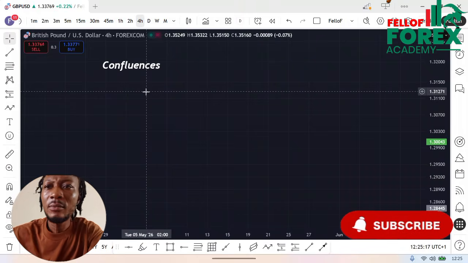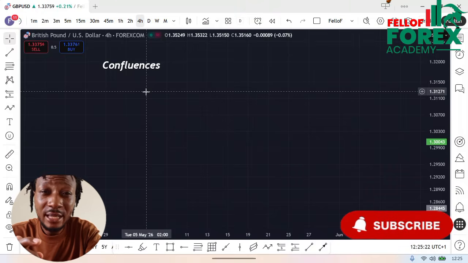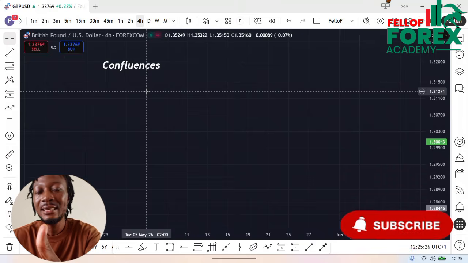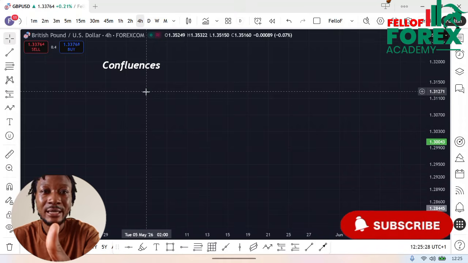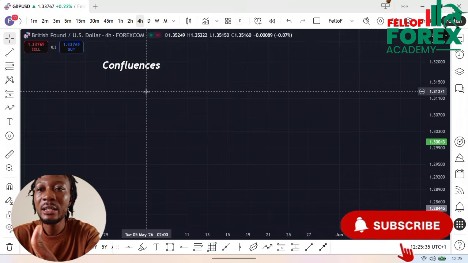Okay. So as a trader, you should have a set of confluences you use. You should know exactly what you want to see before taking action. We know about an uptrend, a downtrend, a consolidation trend, whatever. But now the question is, what are the things that validate your entry?